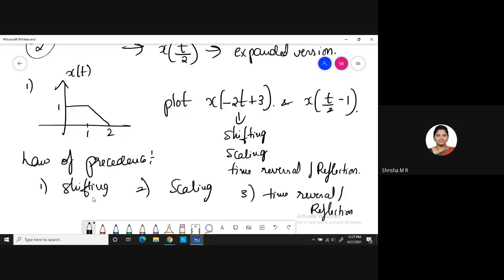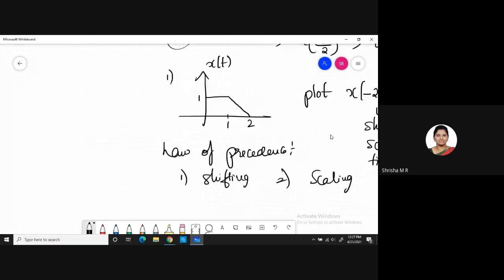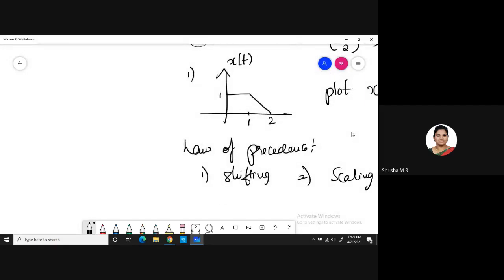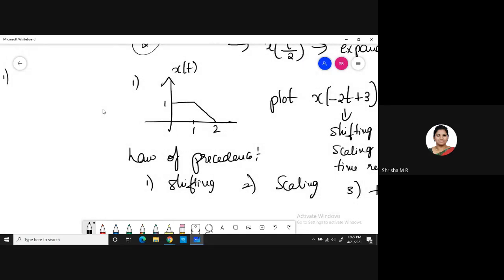First you do shifting. So first what you will do for a signal x of t? If you want x of minus 2t plus 3, first operation what you will do? Shifting. So what is the shifting?